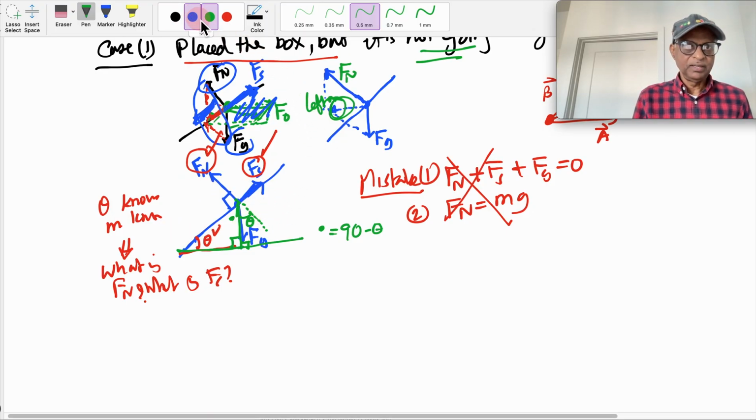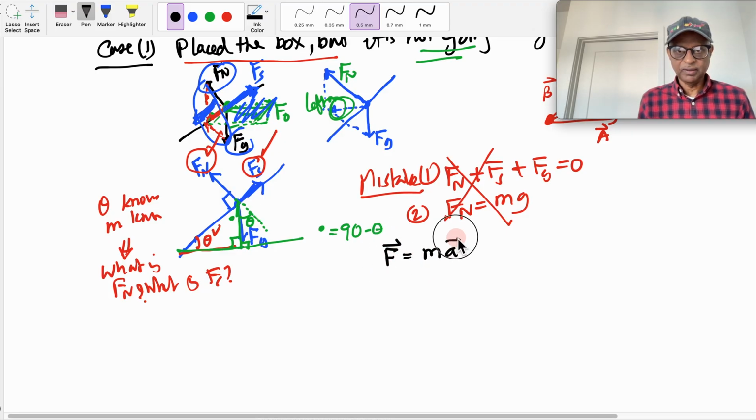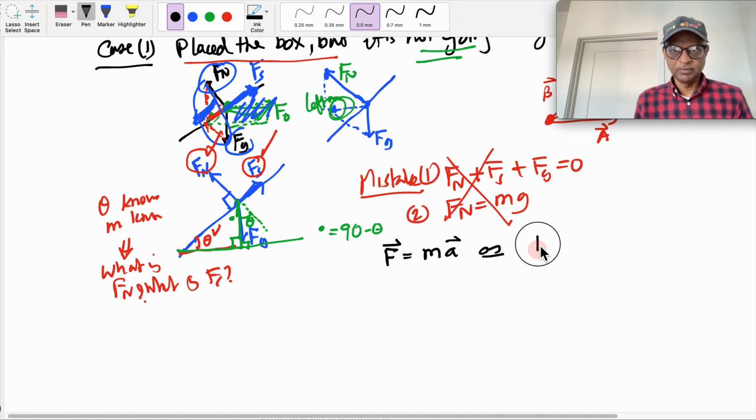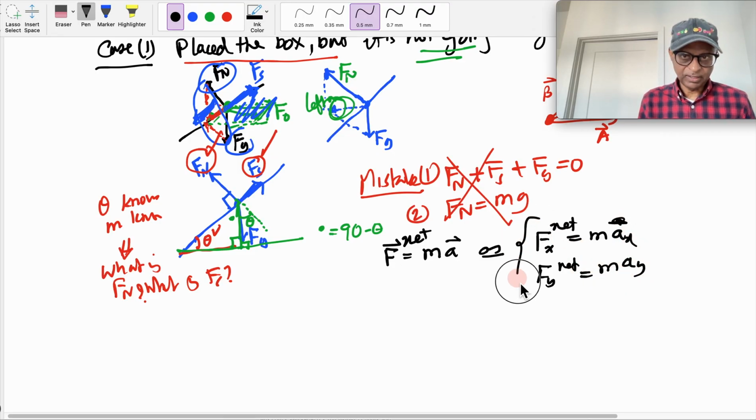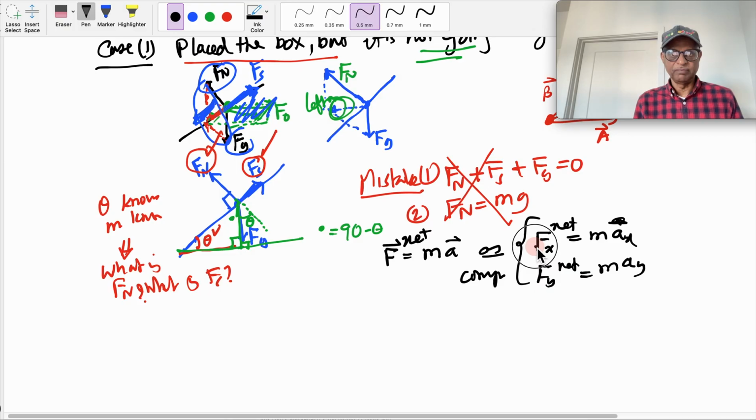Okay, next thing we do is think of F equals ma as Fx net, Fy net, ax, ay. So think as components. Let's look at just Fx net.